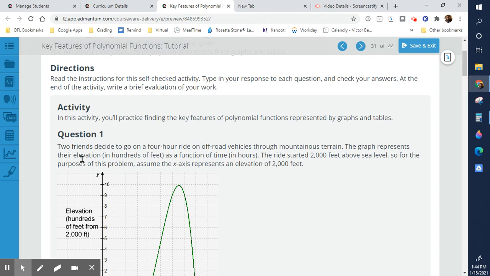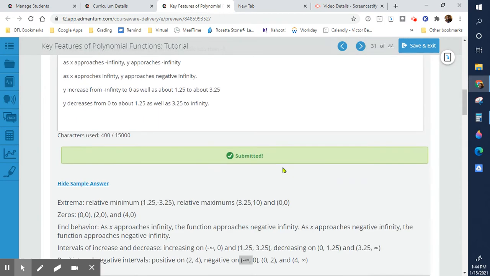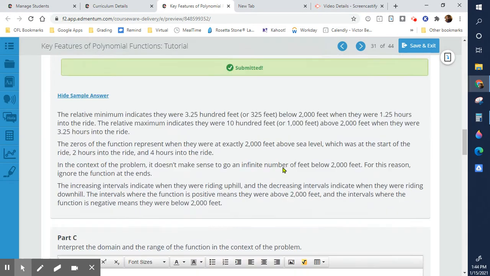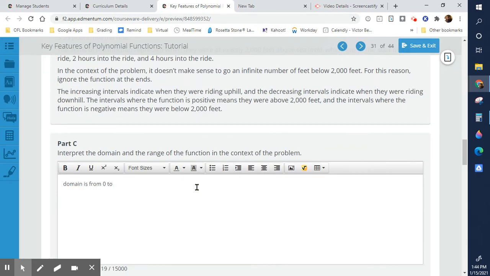Terrain represents the elevation in feet. Right, 2,000 feet of sea level for particular problems. All right, from 0 to whenever they end, not specified. So it didn't specify when it would end.